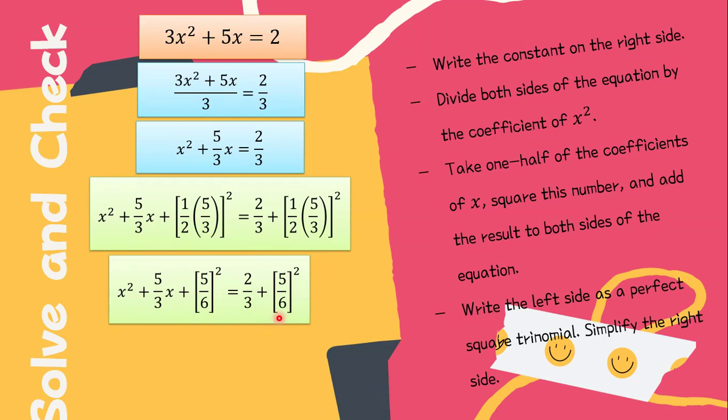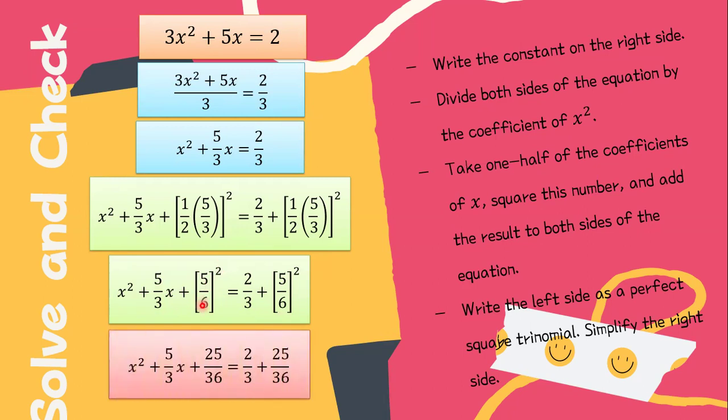So in doing so, 5 squared is 25, 6 squared is 36. So meron na yung x squared plus 5 over 3 x plus 25 over 36 is equal to 2/3 plus 25 over 36. So we're not yet done.